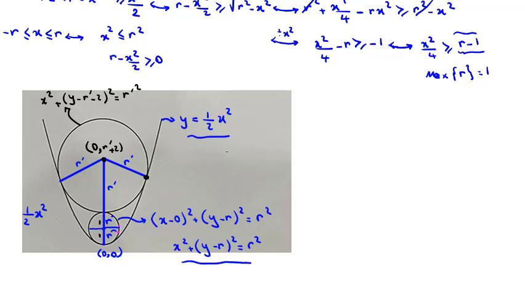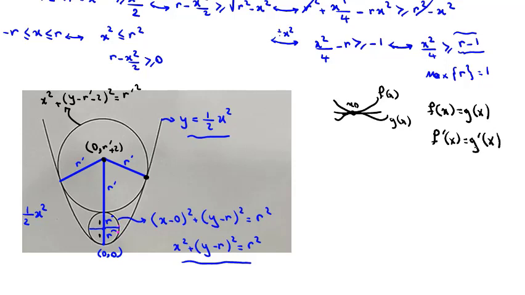Now here, look, at this point, it's an important thing. When you have two functions that are equal and also tangent to each other, you can say the equations are equal. For example, suppose at x0, we have f of x and g of x. Then you can say f of x is equal to g of x, and also f prime of x equals g prime of x.